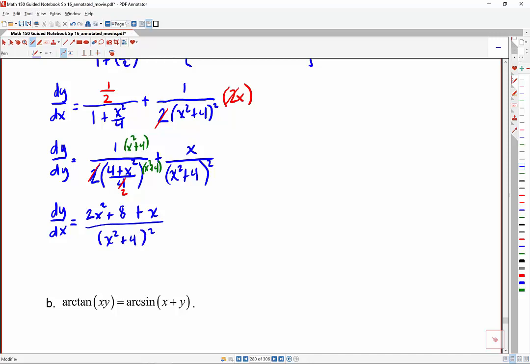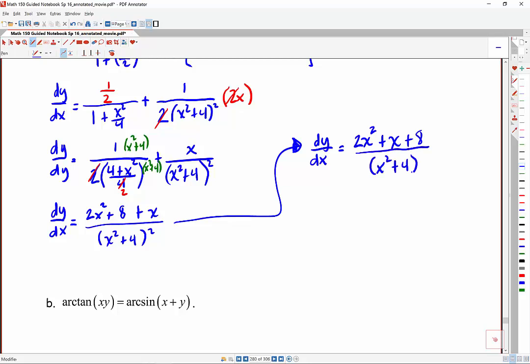And I believe that we've got a prime trinomial there, so let's just write it as dy/dx is equal to 2x squared plus x plus 8 all over x squared plus 4, the quantity squared, and we're all done.